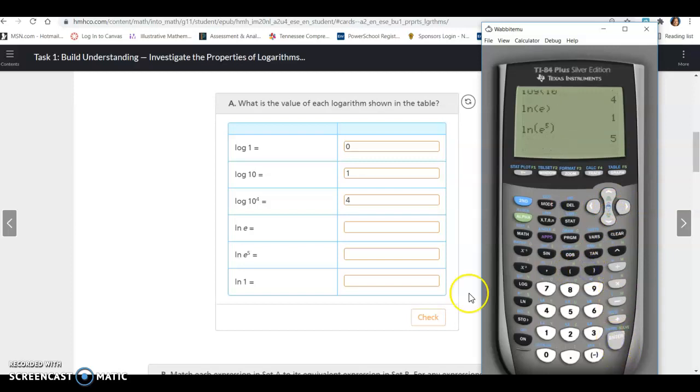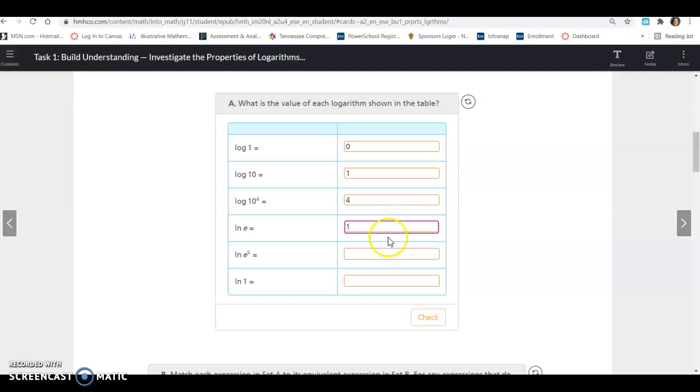And that would be 5. And again, the ln E and the base E cancel, so that's why that's 5. And then ln 1 would be 0. So this is going to be 1, 5, and 0.